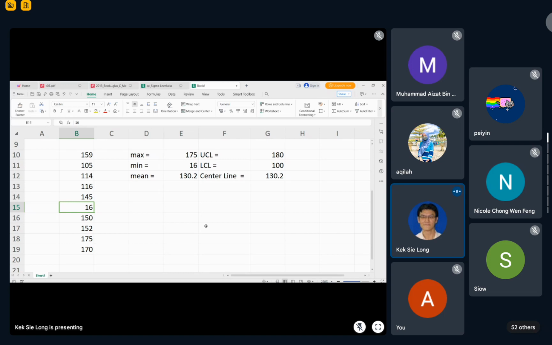So there is a change of mean, or a change of the center line's value. Then we say this is a mean shift. The mean shifts from 140.2 to 150.2 when the value is greater than UCL. The mean shifts from 140.2 to 130.2 when the data point is smaller than LCL.